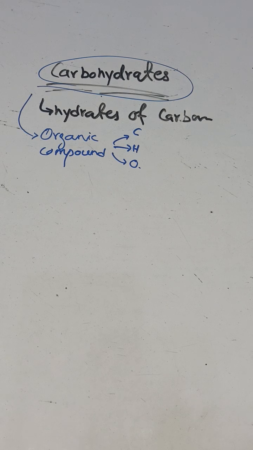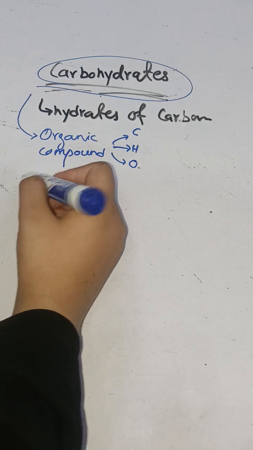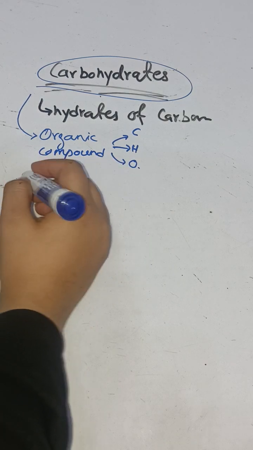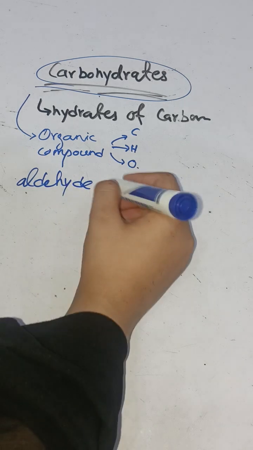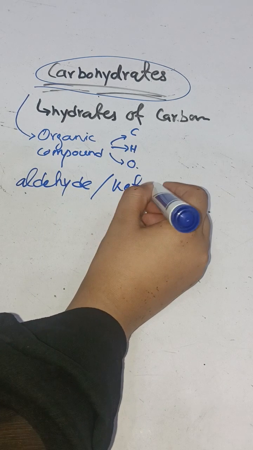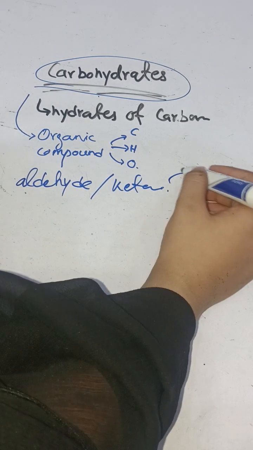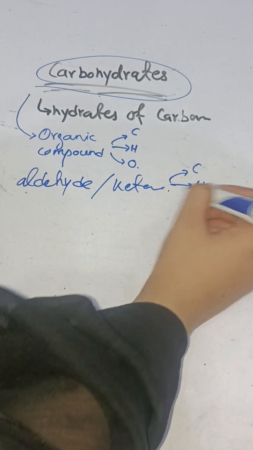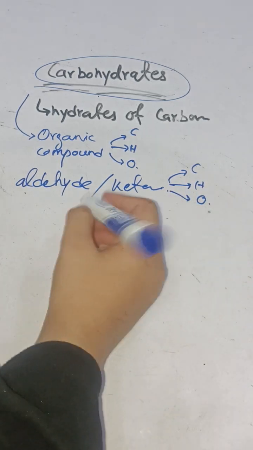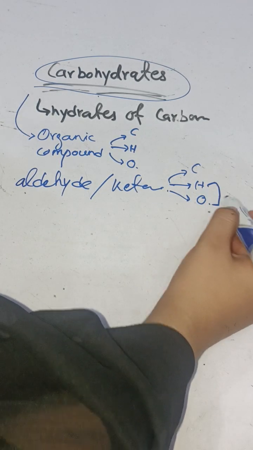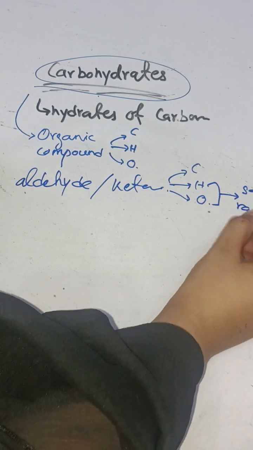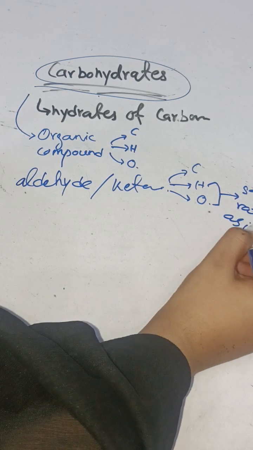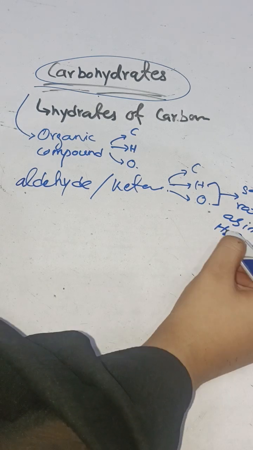Another definition of carbohydrates is that they are aldehyde or ketone alcohols containing carbon, hydrogen, and oxygen, in which the hydrogen and oxygen are in the same ratio as in water.